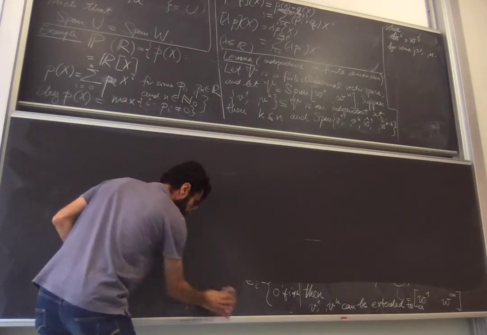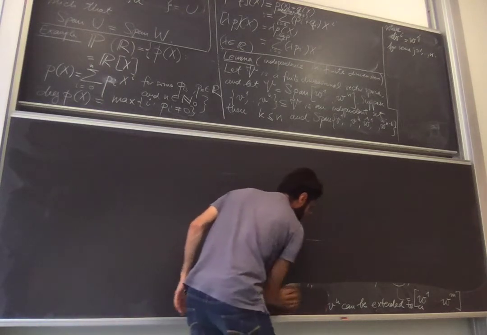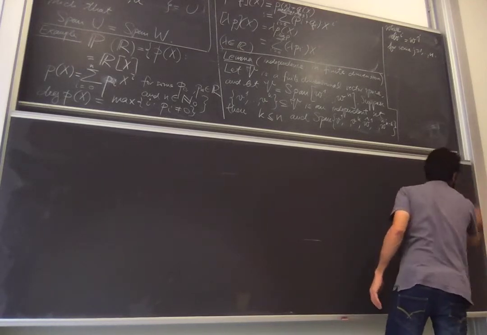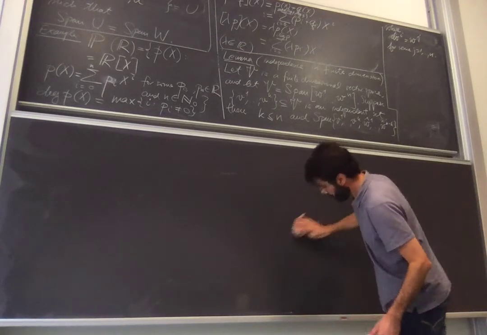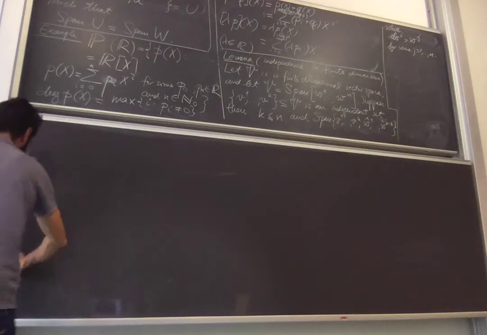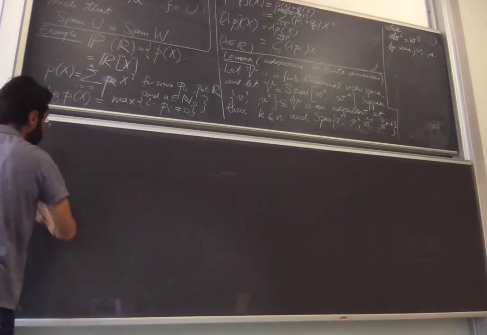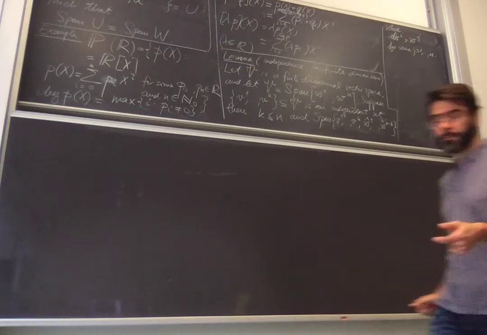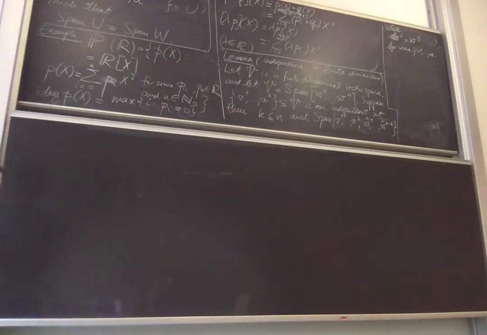One of these indices j must be non-zero. And therefore, you can replace the corresponding W with the linear combination in terms of V1.